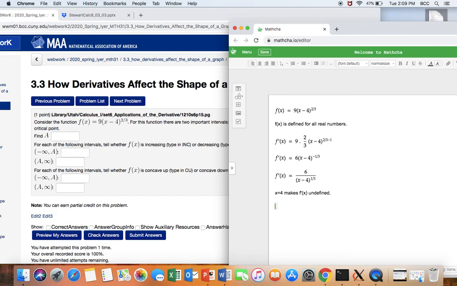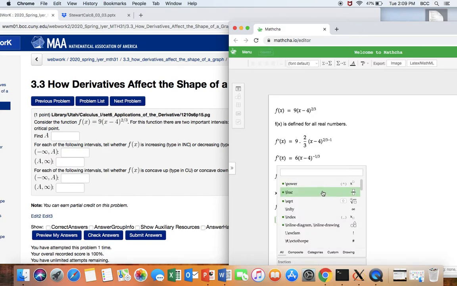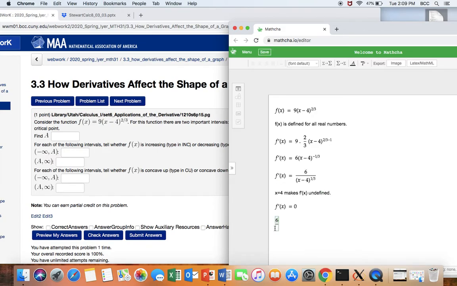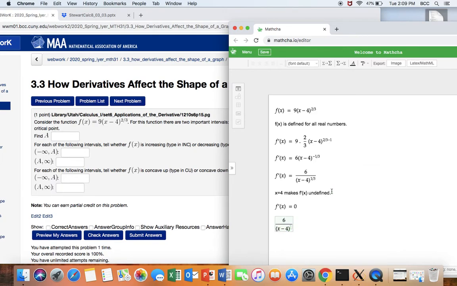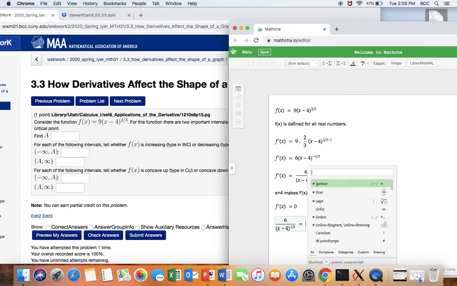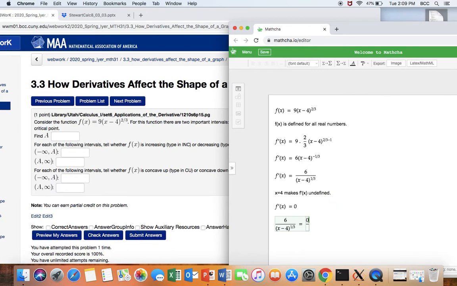If you don't believe me, check it. f prime equals 0 means the fraction, 6 above and (x minus 4) to the power 1/3 below, equals 0. 0 is nothing but 0 over 1.